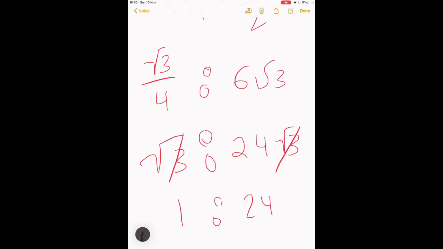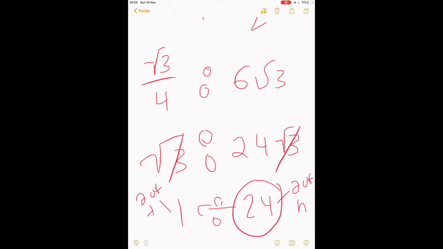So now we know that the area of the hexagon, area of H, and the area of the T, the area of the hexagon is 24 times bigger than the area of the triangle. So now we know the ratios of both the hexagon and the triangle.